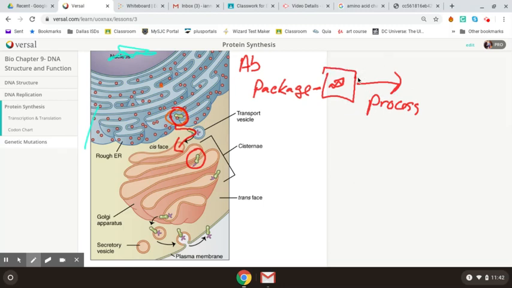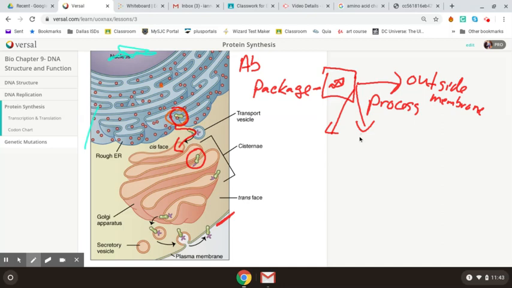So where does a protein typically need to go? A protein can go one of three places, okay? A protein can go outside the cell, which is typically to the membrane, right? In order to get out of the cell, it needs to go to the membrane, which is the outer exterior portion of the cell.